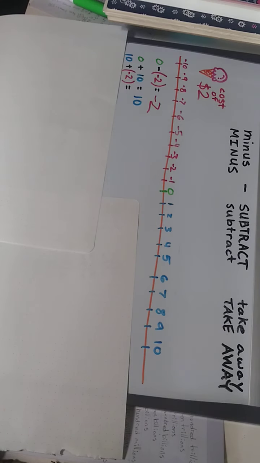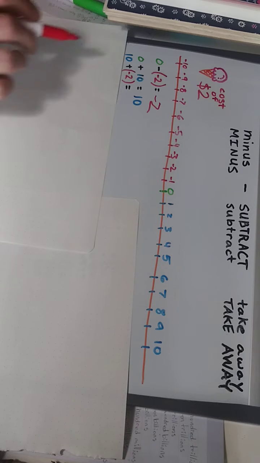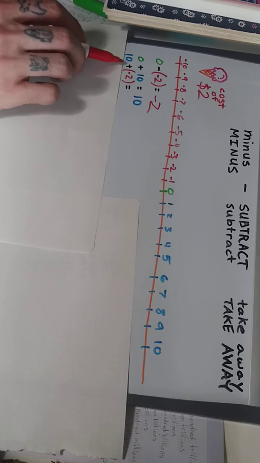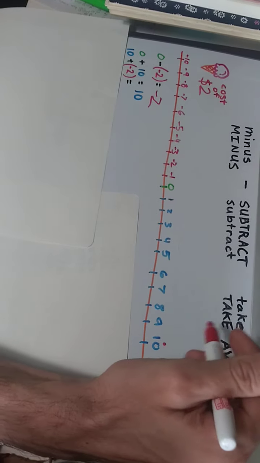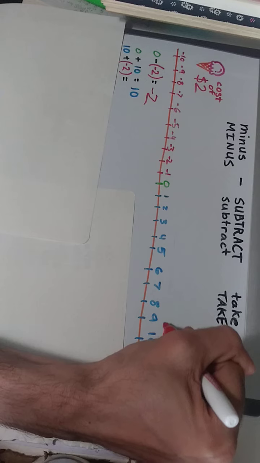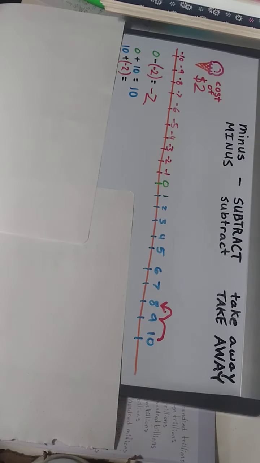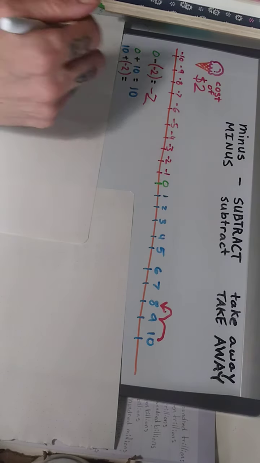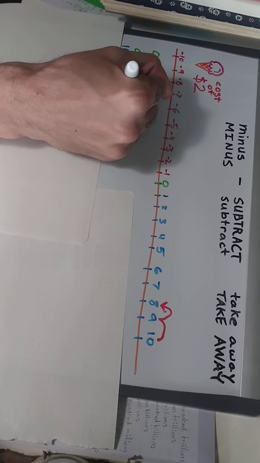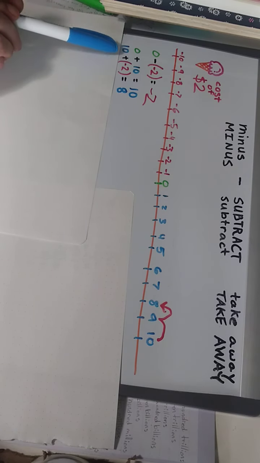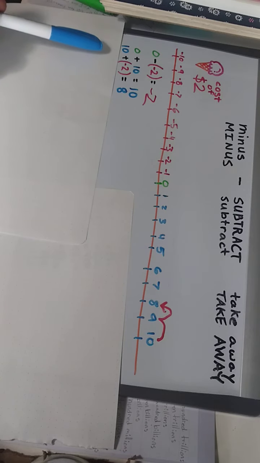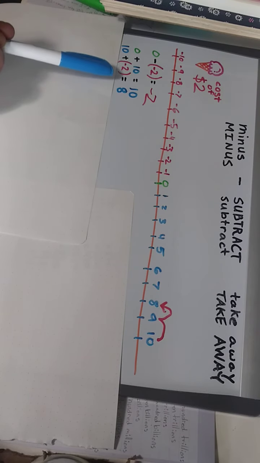We start at 10 and we add -2, 1, 2, and that leaves us with +8. So we had $10, we added the cost of $2 of an ice cream with -2, and we're left with $8, +8.